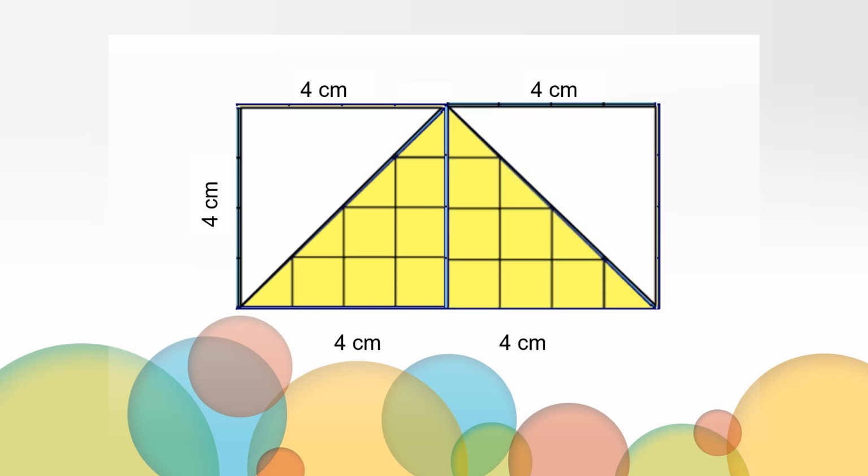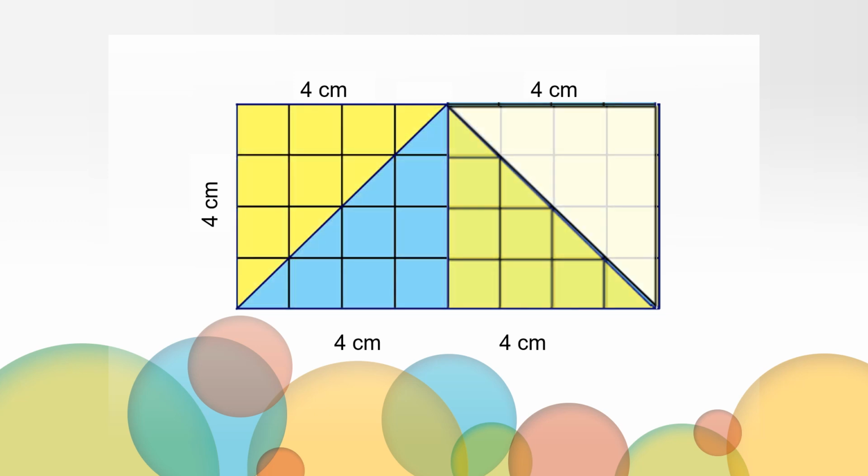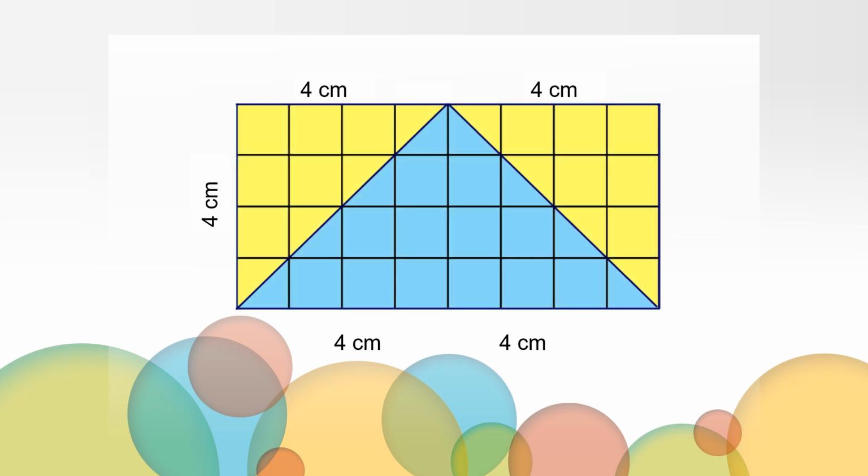The yellow triangle completely covers the blue triangle. The area of the blue triangle is the same as the area of the 2 yellow triangles. This means that the area of the blue triangle is half of the entire rectangle.